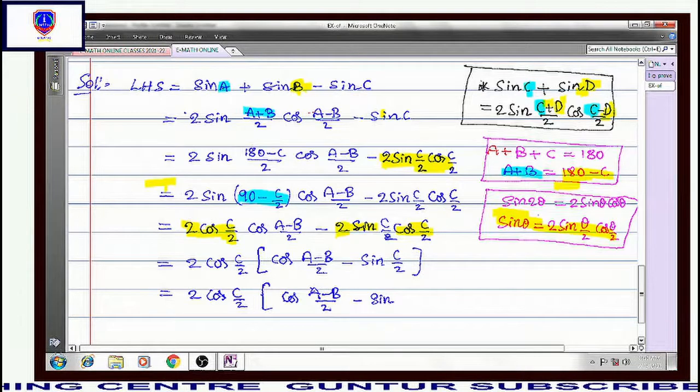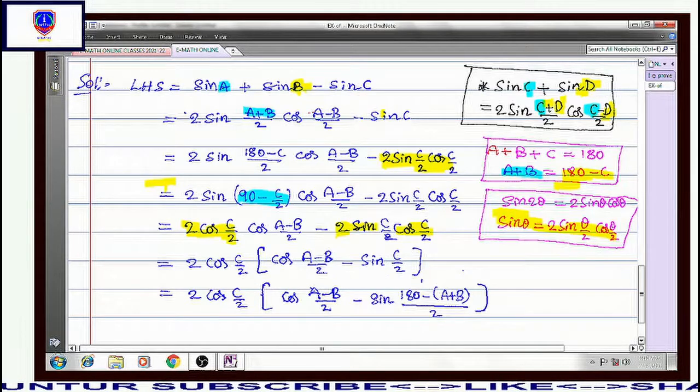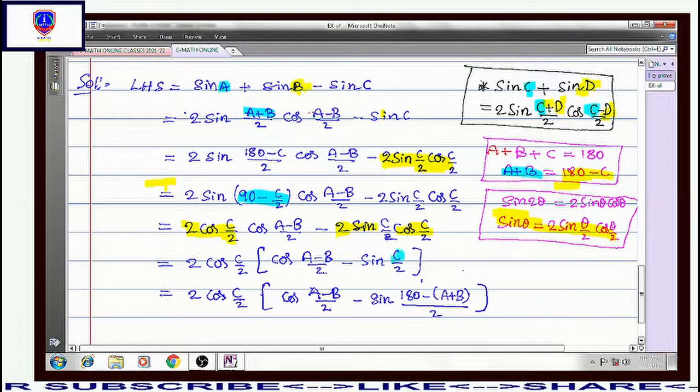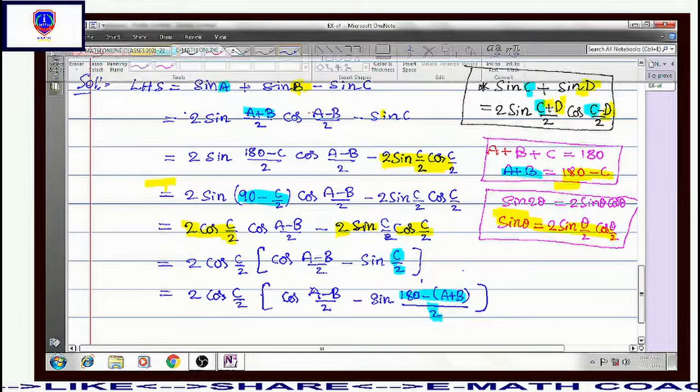So, write down 180 minus of (A plus B) whole divided by 2 for this C by 2. C stands for 180 minus of (A plus B) according to the triangle property. Okay.